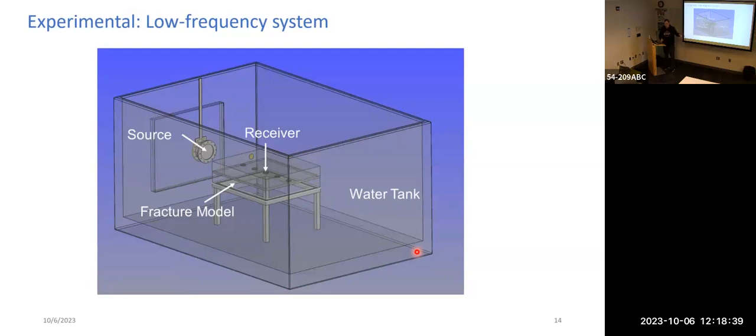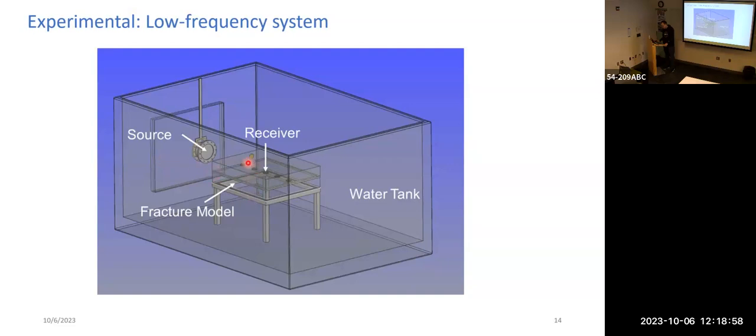We designed our low frequency system, including a low frequency source that can work from 10 hertz to 100 hertz, and a fracture model built with two plexiglass blocks, with some supports inserted between the two blocks to create the fracture space.